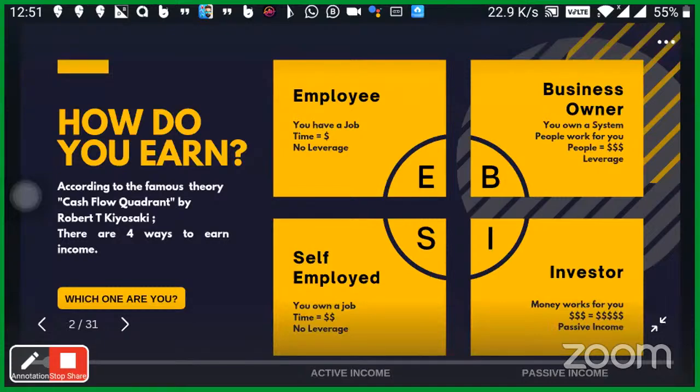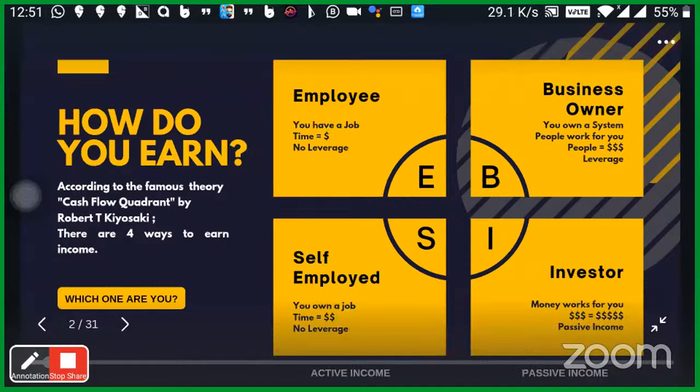All of us may be earning, may be working in different ways, different areas. We are all working in some of many ways to earn income.